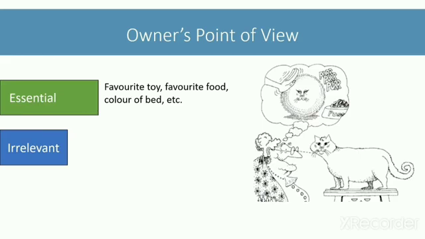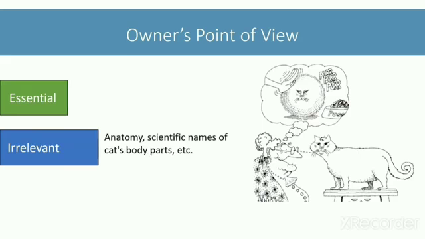On the other hand, things like anatomy of the cat, scientific names of cat's body parts, etc. are irrelevant to the lady, as these things don't help the lady to make her cat feel happy. So now I hope you have a better sense of how essential information depends upon the problem at hand. Depending on the problem domain, we need to eliminate the irrelevant and amplify the essential.